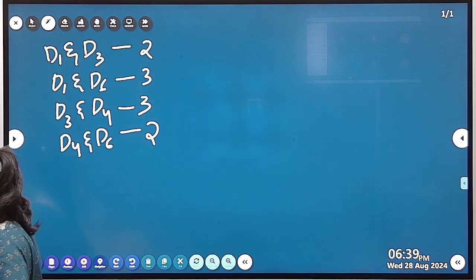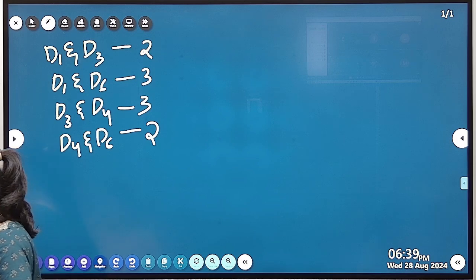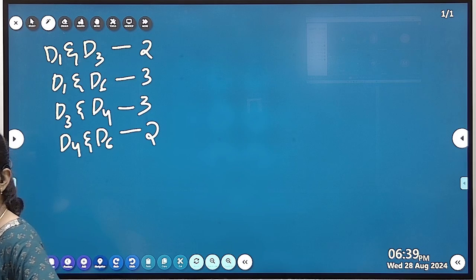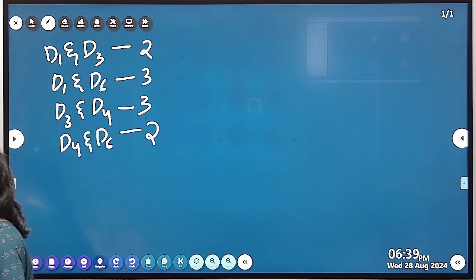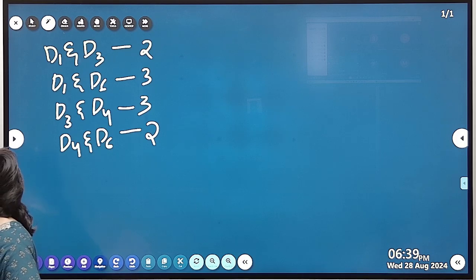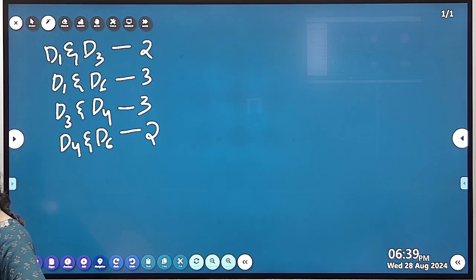D3 and D4. Acha. They are not looking into the initial layout in the question, but they are taking this intersection point layout distance. So look at that intersection point. D1 to the intersection point is 1 and that intersection point to D6 is 1.